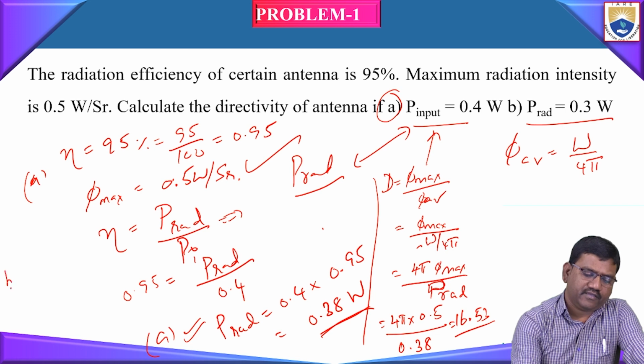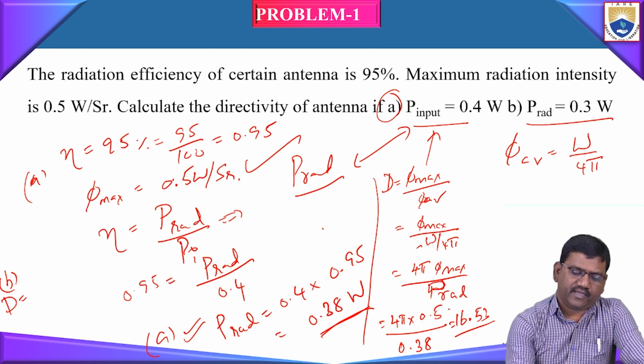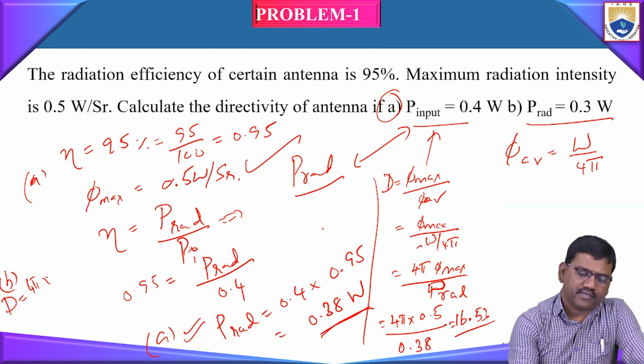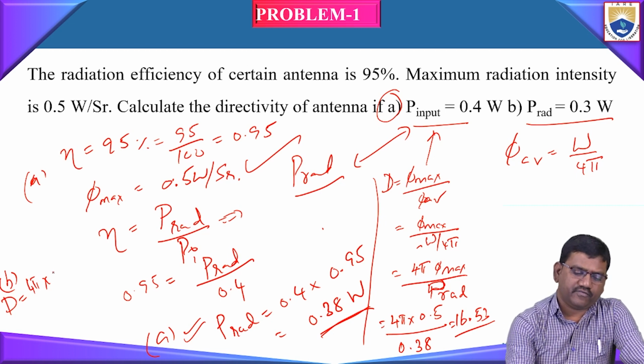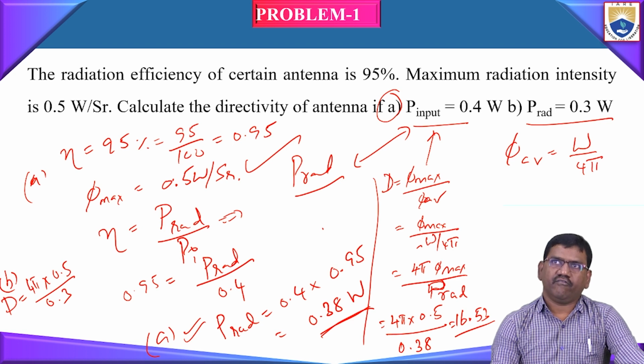So for B, you can take D is equal to 4 pi into U max. What is the U max value? It is 0.5, divided by the power radiated, which is given as 0.3 watts here.